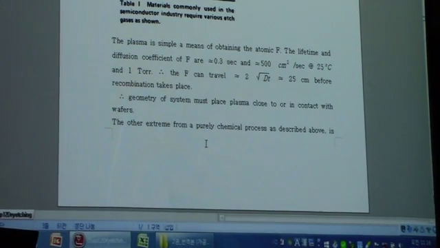The other extreme, from a purely chemical process, as discussed. So far we have discussed the chemical process, right? The atomic F reacts with the silicon to form silicon tetrafluoride, which is a gas, so that it is going to be etched. The chemistry involved in the dry etching is exactly the same chemistry that happens in the wet etching.